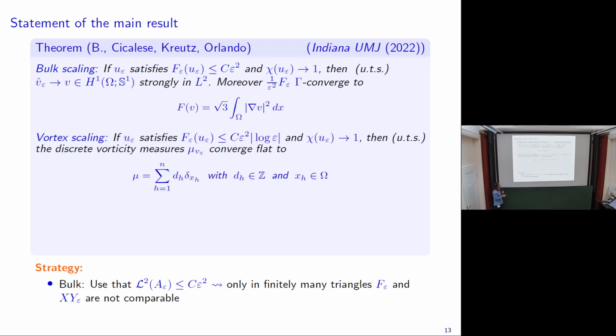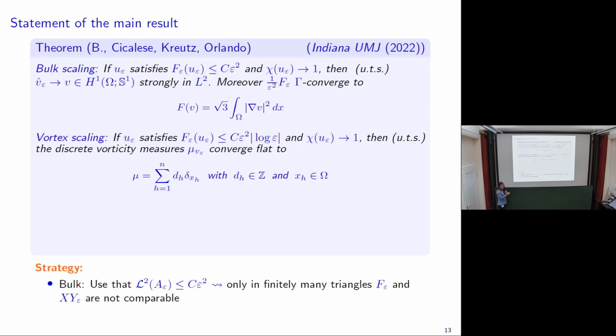If instead you are in the vortex scaling, so if your energy satisfies this coarser energy bound, and you still have that the chirality converges to 1, you still get that, up to subsequences, your discrete vorticity measures, which I haven't defined yet, so think about the Jacobians of the piecewise affine interpolation for the moment, converge flat to a measure of this form that we saw before: the sum of Dirac masses centered at points in your domain with integer weights.